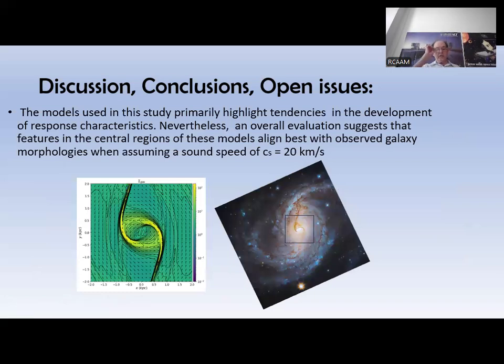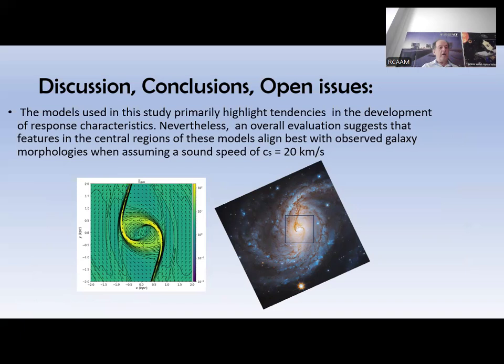Then, however, this 20 kilometers per second case had many nice features. We knew that also from the past, that due to the sound speed of the gas, the dust lane shocks in the main bar were much better described.